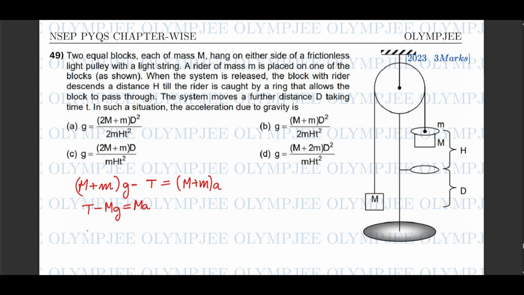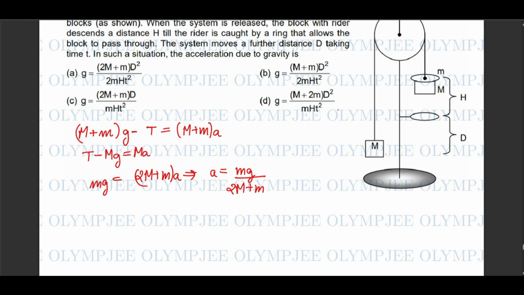So from here, if we add both the equations, we will get mg is equal to (2m plus m) a, which gives us acceleration as mg by 2m plus m.